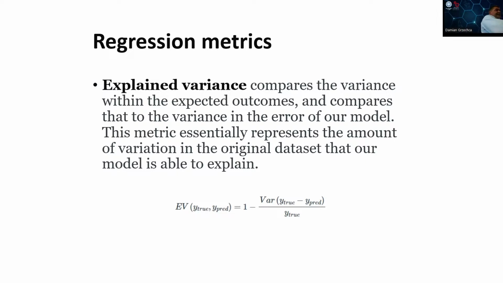The metric represents the amount of variation in the original data set that the model is able to explain. And here is the formula. We will see how to use the formula using an example later. Now you just have to remember there are regression metrics, and for regression metrics, explained variance.